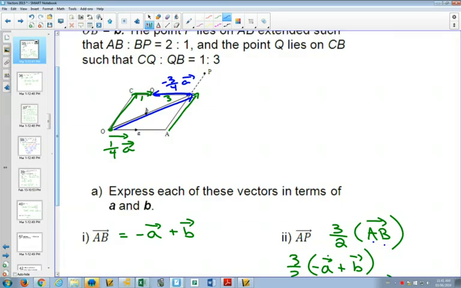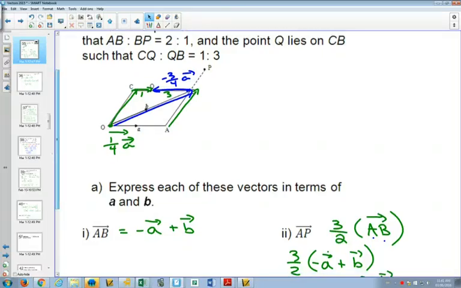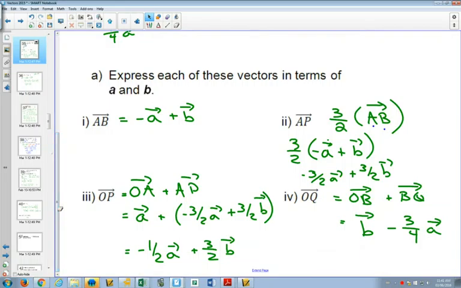The green route would be going from A to B, and then going 1/4 of the way along A, or the blue route, going from O to B, and then backwards along A. Either way, when you simplify it, you'll get O to Q is B minus 3/4 A.